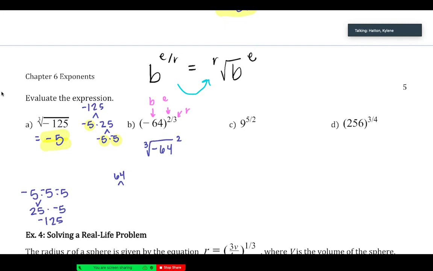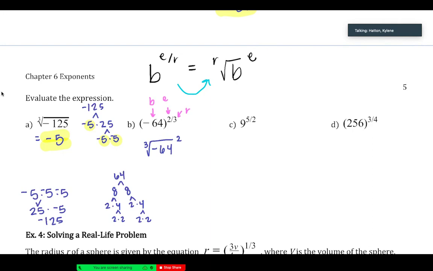I know that 64 can break down into, let's say, 8 times 8. Then 8 and 8 break down into 2 times 4, and this 8 breaks down into 2 times 4 also. But the 4s can get broken down further into 2 times 2 and 2 times 2.